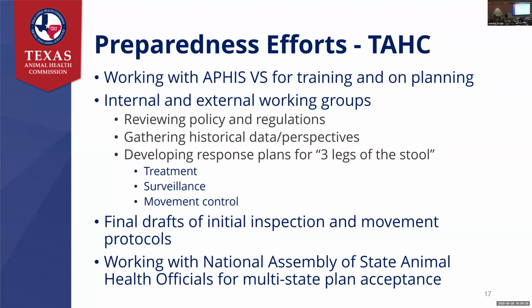So we've got to keep that in mind. If we get a report or confirmation of screwworms, we're going to drill down to that index premises and go out 6.2 miles and make a circle around that. Then we're going to go out another 6.2 miles. In that first control area, we're going to do some pretty heavy surveillance and inspection of animals.